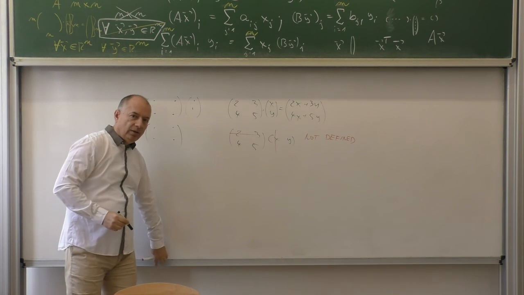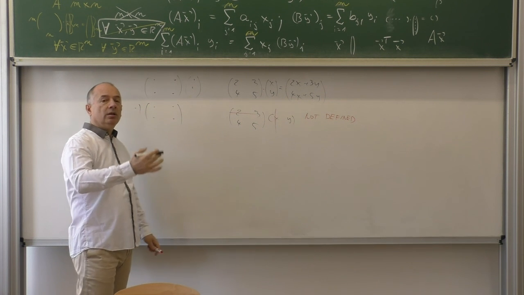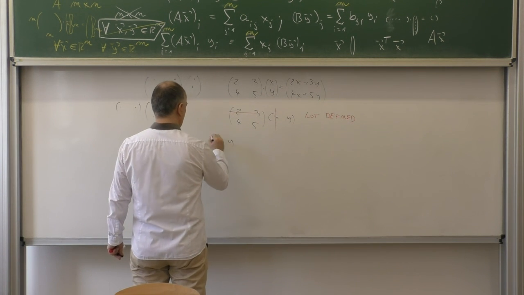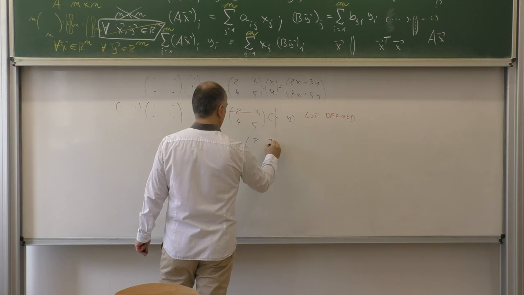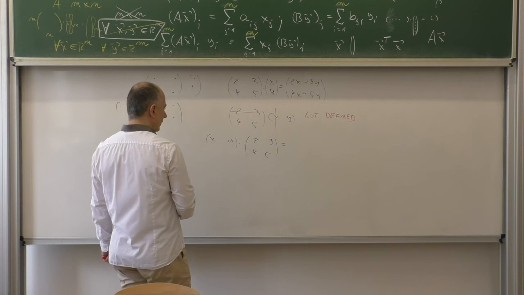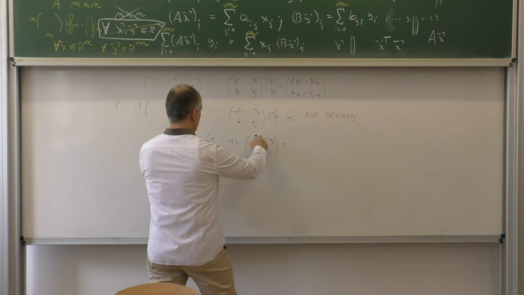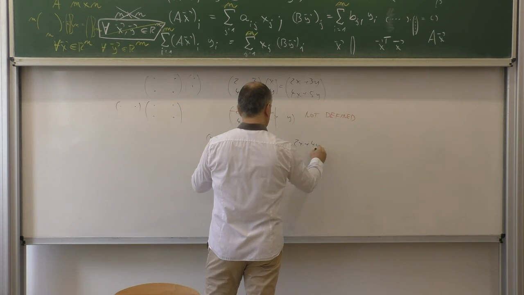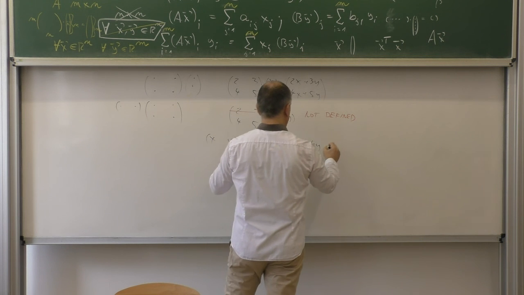But we can multiply a matrix by a row vector when we write the row vector on the left: x y times the matrix 2, 3, 4, 5. And the result will be 2x plus 4y and 3x plus 5y.